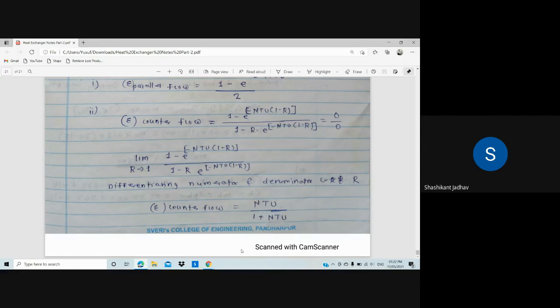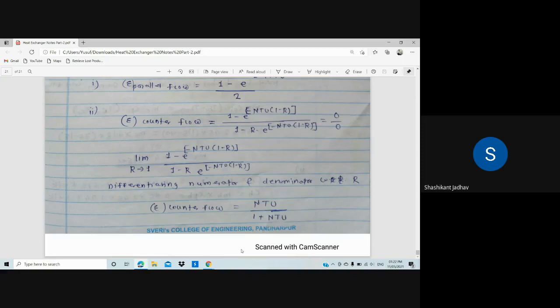Next line, we have to write down: differentiating numerator and denominator with respect to R. Okay, so by taking the differentiation of numerator and denominator, we get the equation for the effectiveness for the counter flow heat exchanger.